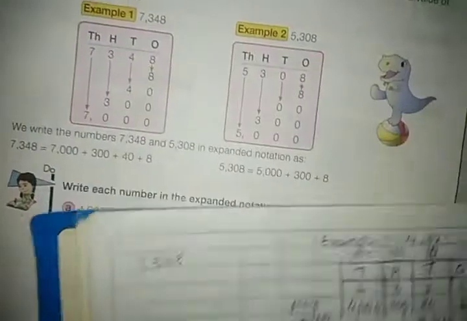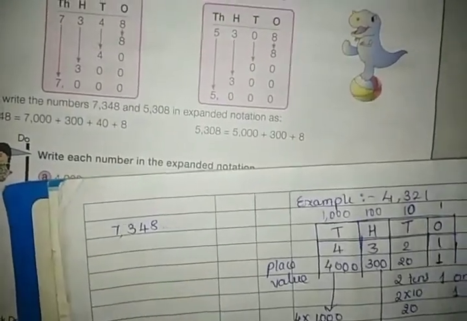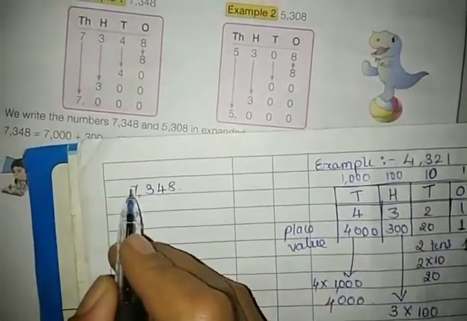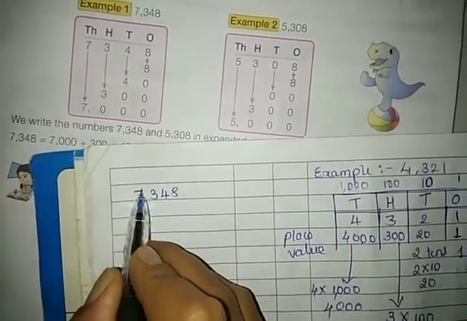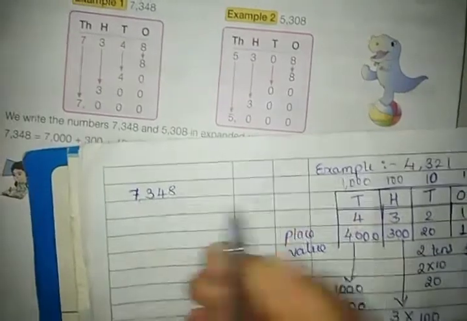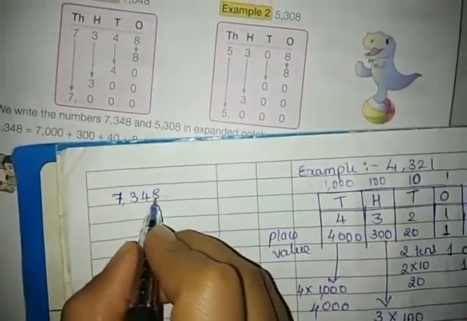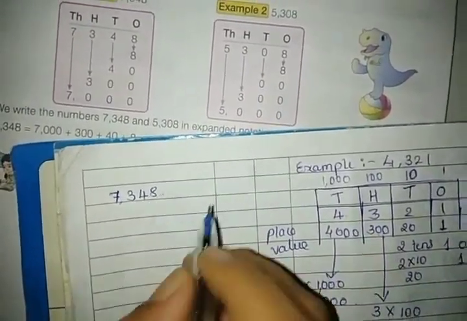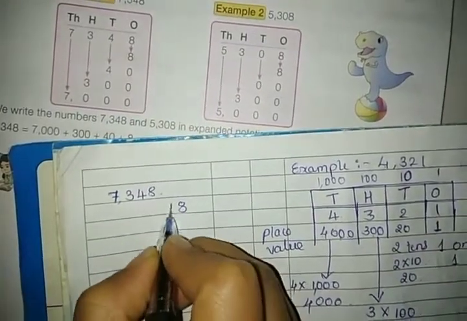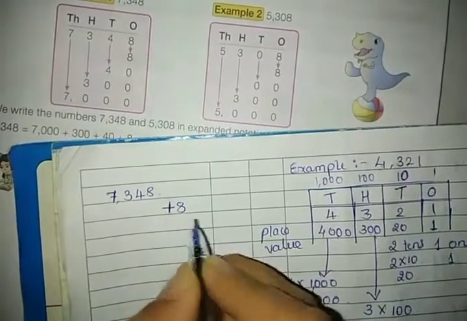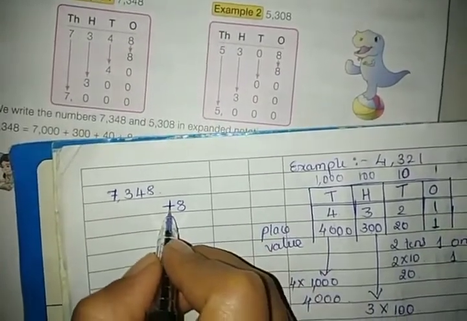Same like this only, we have to write the expanded form of a 4-digit number. Here only one extra number will come, in the 1000 place. Now let's write: this 8 is in ones place, 8 ones is equal to 8 only. After writing each place value, we have to put the plus sign.